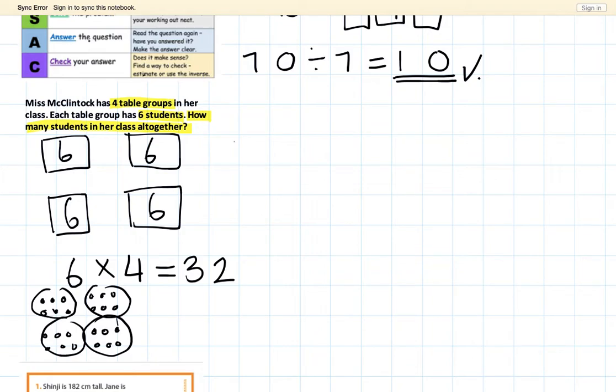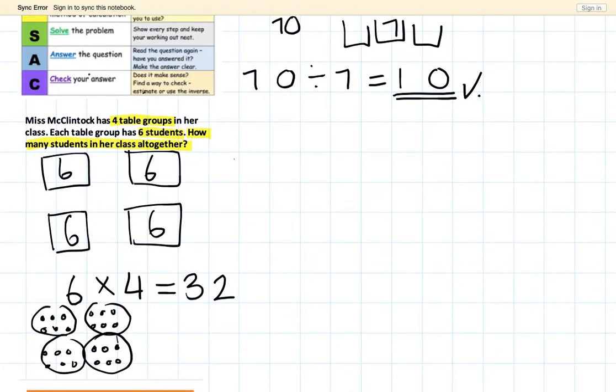Okay, so I've solved the question. Alright, and it says read the question again to make sure I've answered it. So Miss McClintock has 4 table groups in her class. Each table group has 6 students. How many students altogether? So I've gone 4 times 6 or 6 times 4. Okay, and I've gotten my answer.